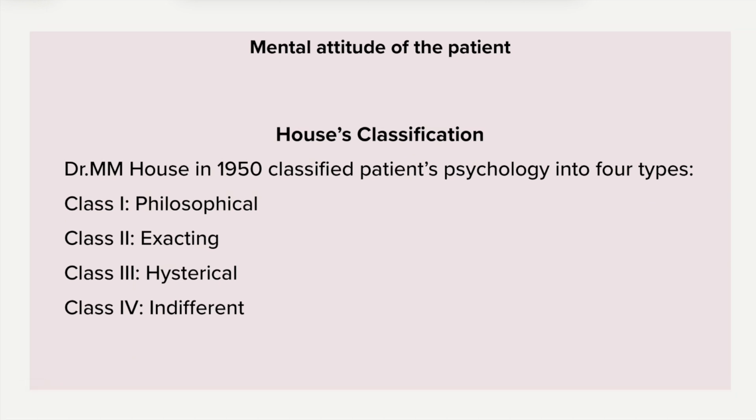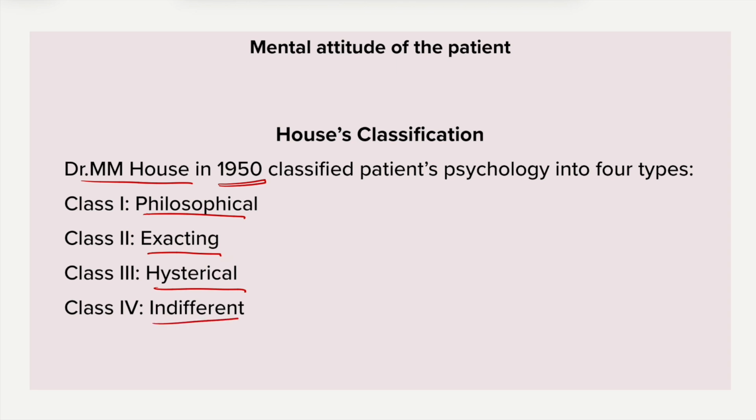The most widely accepted psychological classification in complete denture prosthetics was proposed by House in 1950. He classified patients into four classes: class 1 physiological, class 2 exacting, class 3 hysterical, and class 4 indifferent.